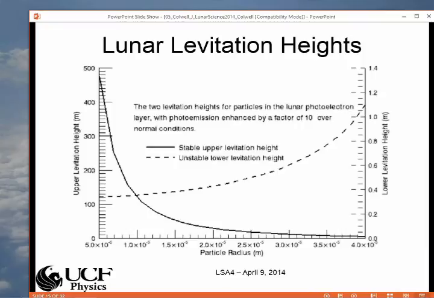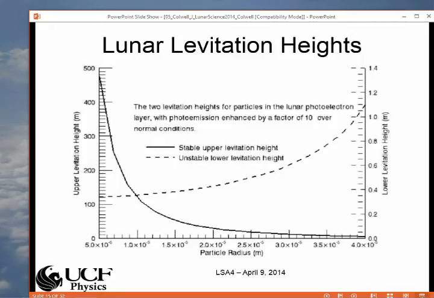You can see that the electric force is much greater than the gravitational force for some of these particles if you're well above the surface, but when you're close to the surface, let's see, I said this the wrong way. Negative means G is down, E is up, and these are where your particles are feeling a net upward force, and then when they get up above the photoelectron sheath, then they fall back down. Because this crosses 0 and changes sign, your particles can undergo an oscillating motion. So we'll show that in just a second.